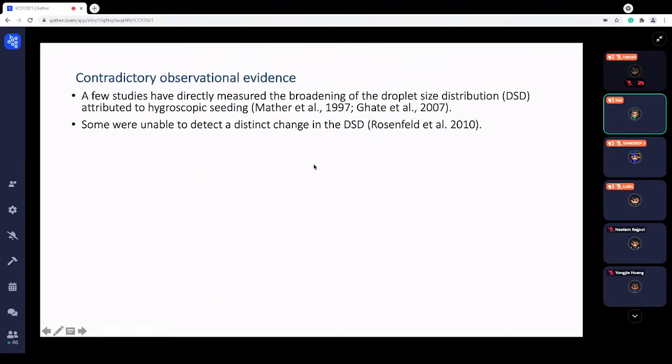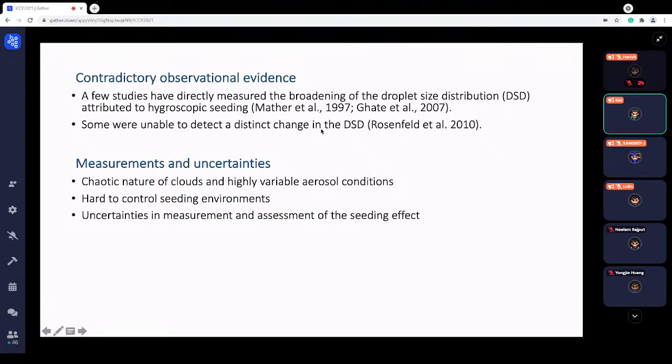But in reality, even though the conceptual model has been proposed for decades, it is challenging to obtain direct evidence from the observation. The contradicting results from the field studies are partly due to the uncertainty in the measurements and the instrumentation errors, especially for seeding in convective clouds.